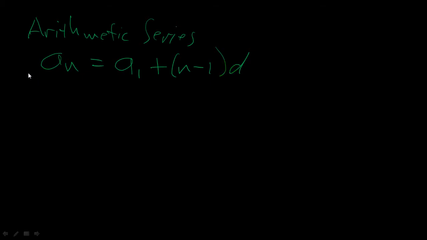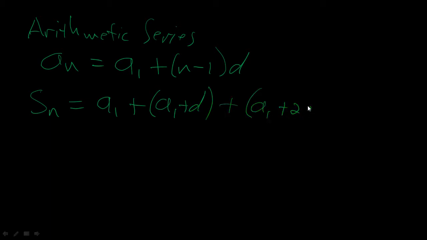Therefore, using this general formula, we can write the arithmetic series as a1 for the first term, plus a1 plus d, because d is the common difference, so the second term is a1 plus d, plus a1 plus 2d, where 2d gives the third term, because d is the common difference.